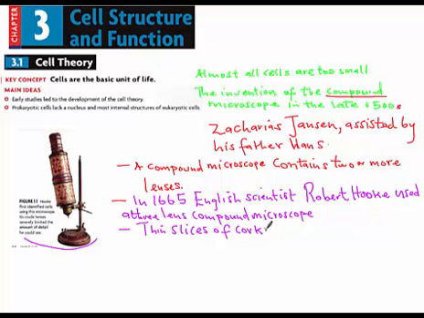The tiny compartments that Robert Hooke saw reminded him of the compartments in the monastery, which of course were called cells.